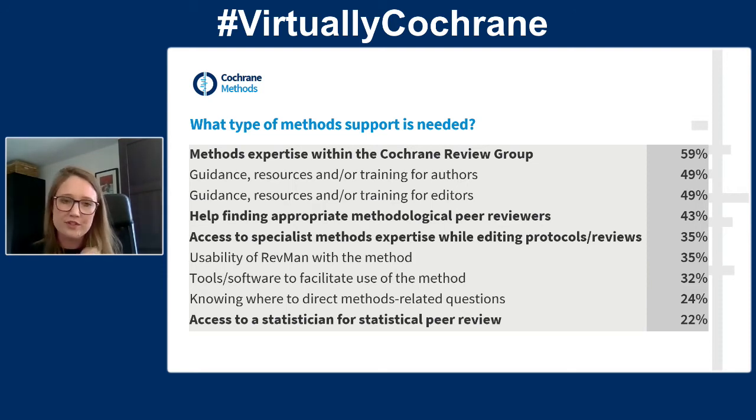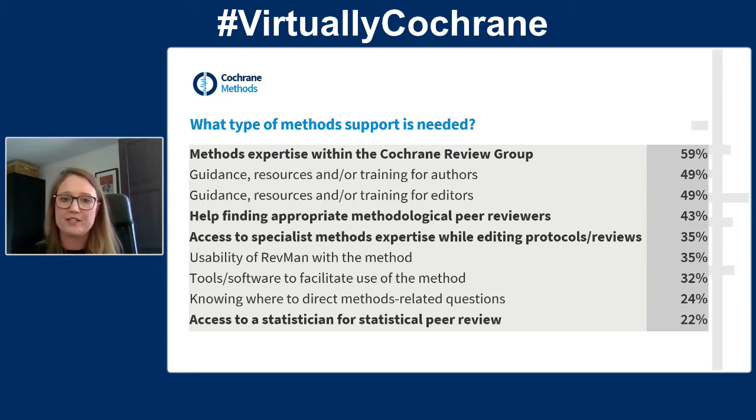We've got some of the feedback from the CRG survey that's already been highlighted here. If we look at what methods support the CRGs said they needed, there are three key areas. One is the need for methods expertise within the Cochrane review group.